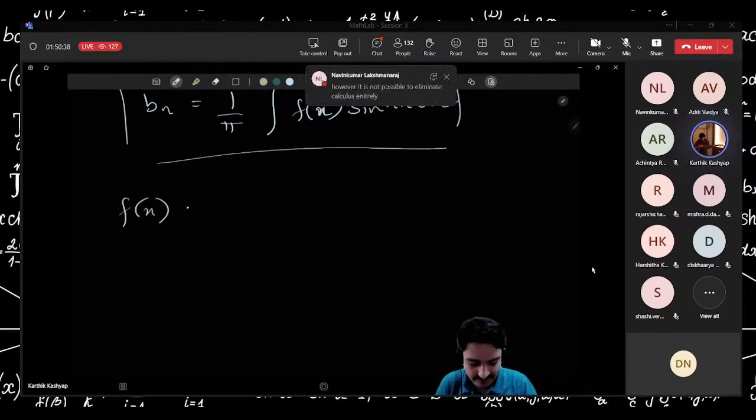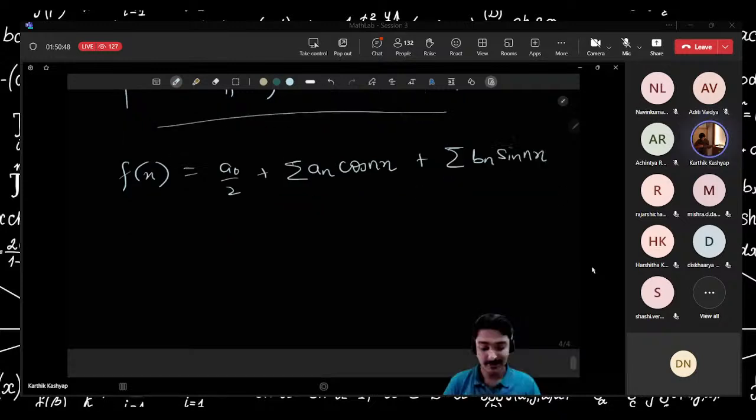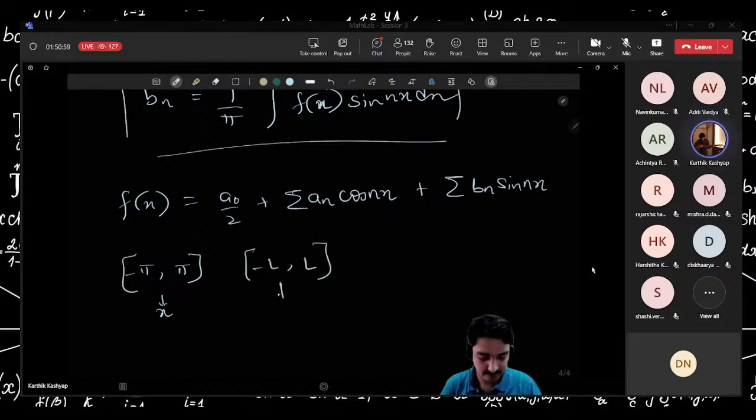So we take f of x is a0 by 2 plus sigma an cos nx plus sigma bn sin nx. We should be able to change this periodicity from minus pi to pi. Let's say x belongs to minus pi to pi, and y belongs to minus L to L.